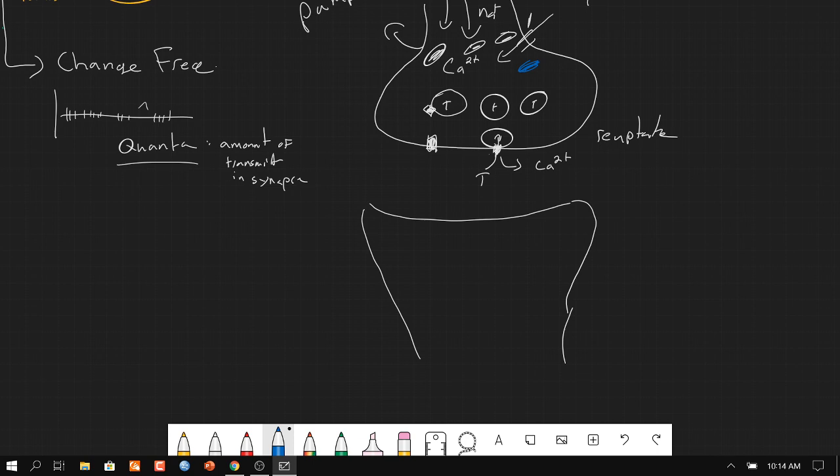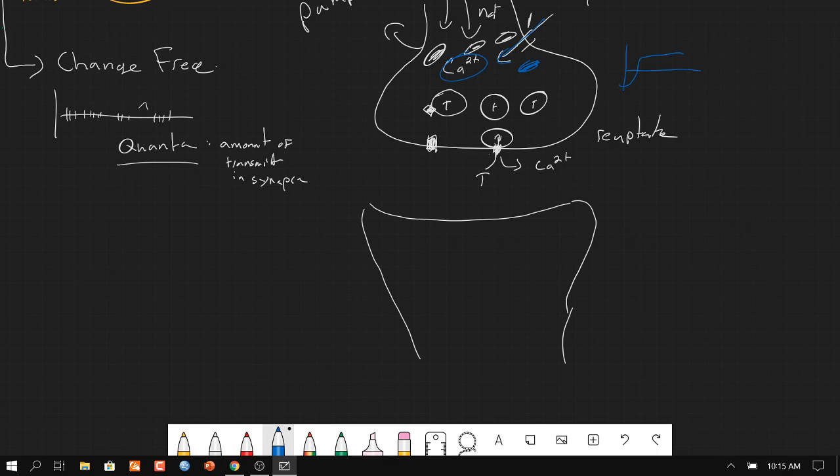So, this part of the cell can stay positive. It doesn't action potential. What allows the cell to release transmitters? The calcium. As long as the calcium is present, the channel will release neurotransmitters.